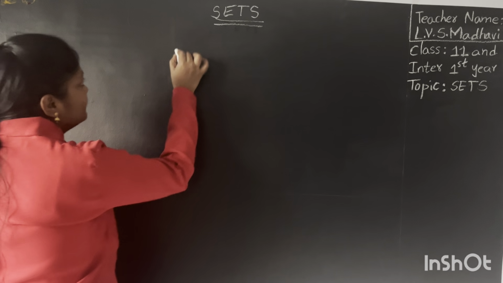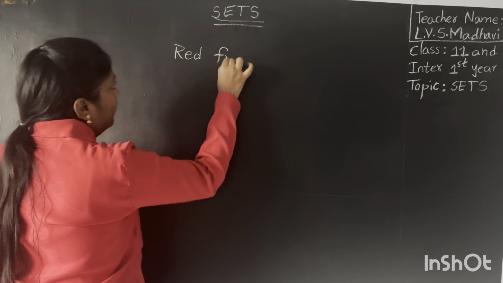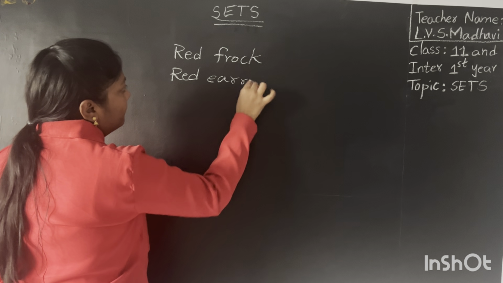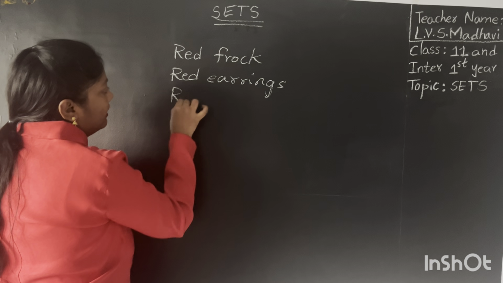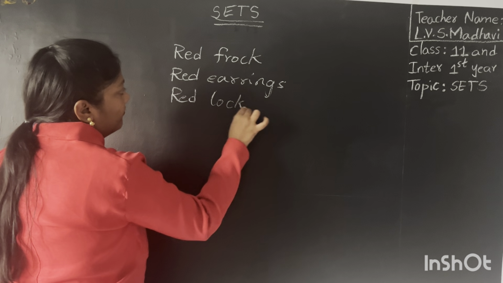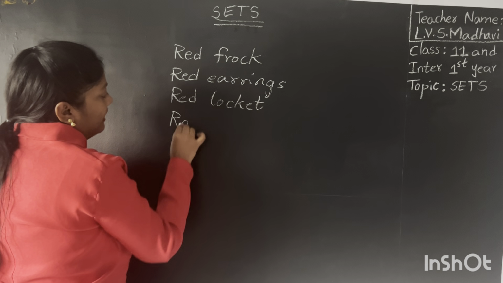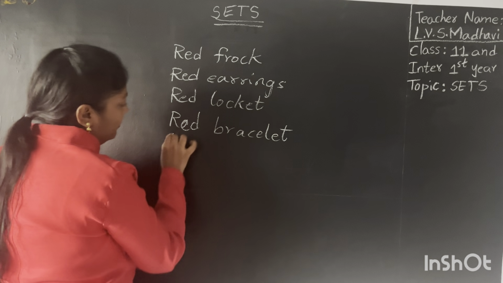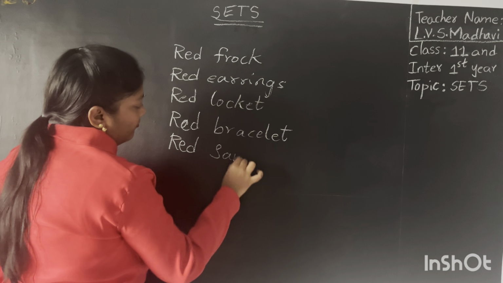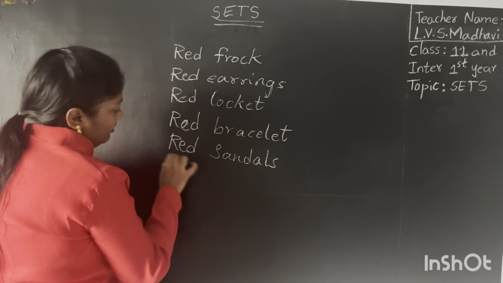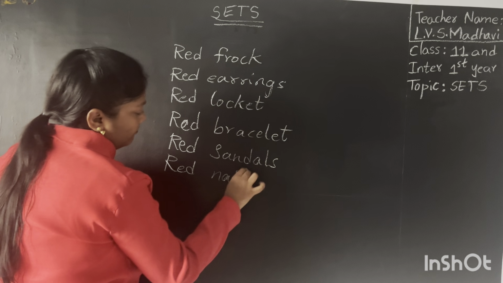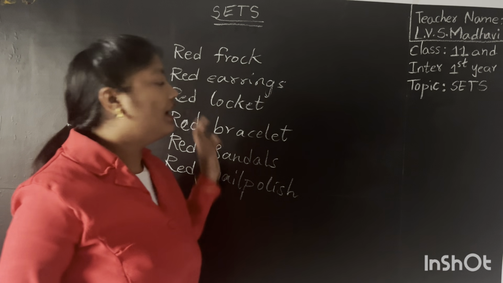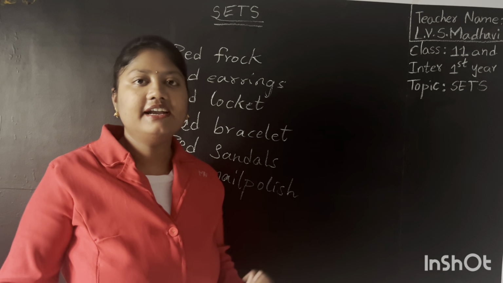As it is a red frock, she would like to wear some red earrings, a red locket in the chain, red bangles or bracelet, red sandals, red nail polish, etc. So this all is called a set of her birthday dress and accessories.